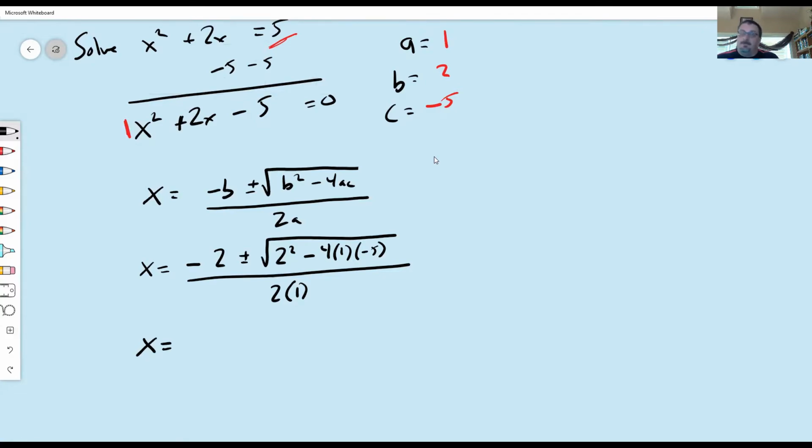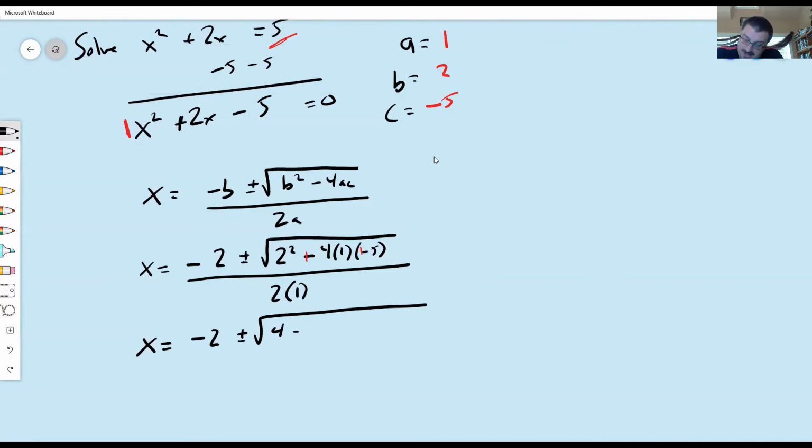Now we're just simplifying. So minus 2 plus or minus the square root; 2 squared is 4. Let's look here. I have minus 4, positive 1, and then minus 5. So those two minuses turn into a plus.